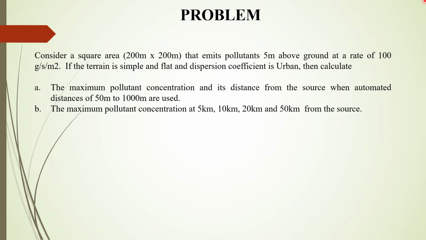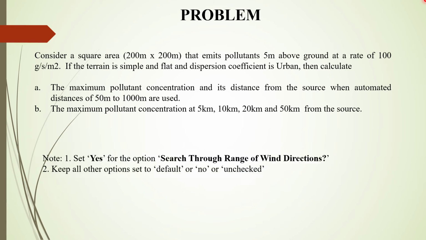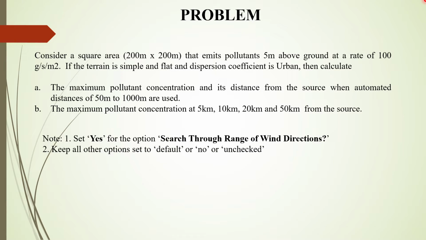And second, the maximum pollutant concentration at 5 kilometer, 10 kilometer, 20 kilometer and 15 kilometer from the source. And note here that set yes for the option search through range of wind direction and keep all other settings to default or no or unchecked.